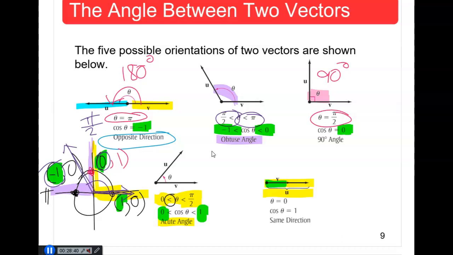So in that case, if they are going in the same direction, the angle between them is 0 radians, or 0 degrees. That's the angle in between them, because they're following the same path. And you can see that by the arrows. So they have the same direction, and the cosine at 0 degrees or 0 radians is 1.